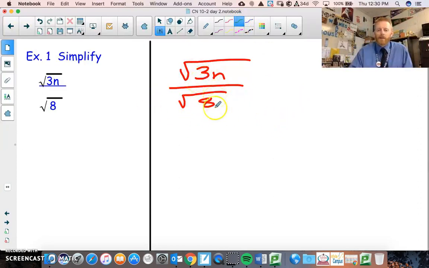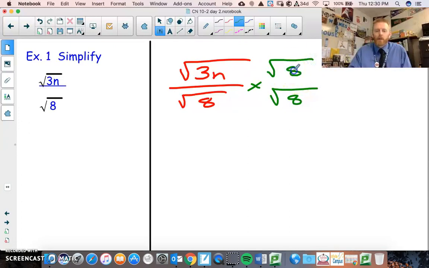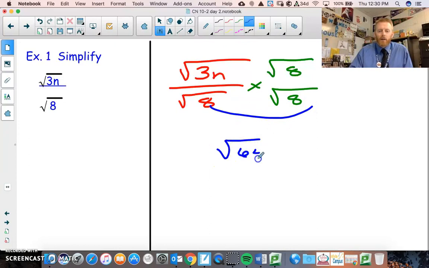Because neither one of these is a nice perfect square, we're going to multiply both the top and the bottom by the square root of 8 in order to rationalize this. So when I multiply those, the square root of 8 times the square root of 8 makes the square root of 64 on the bottom. And then top times top over here makes the square root of 24n.